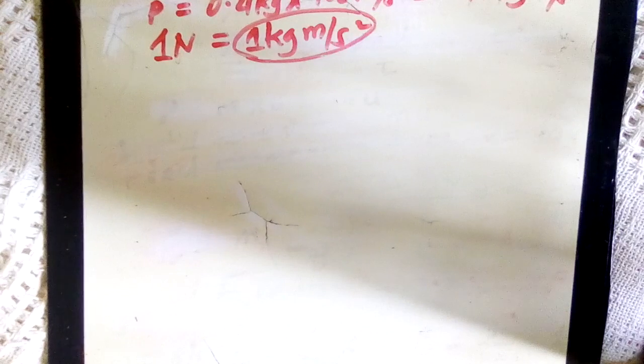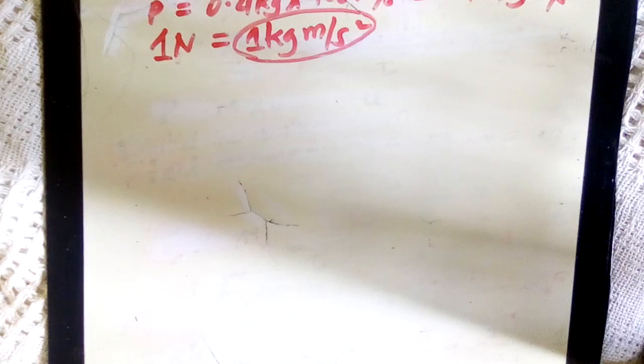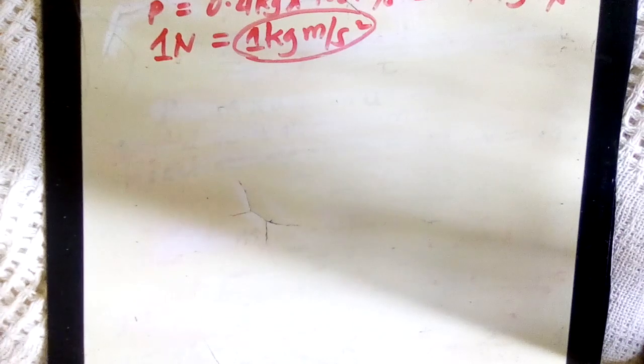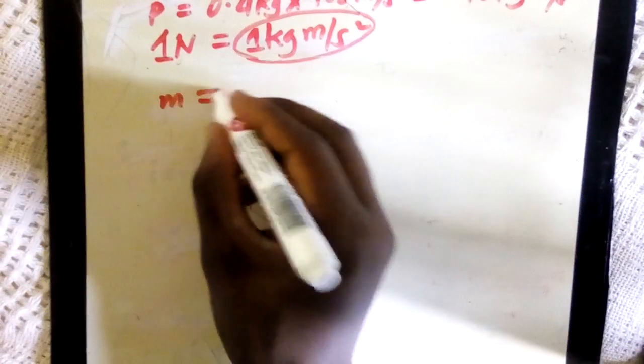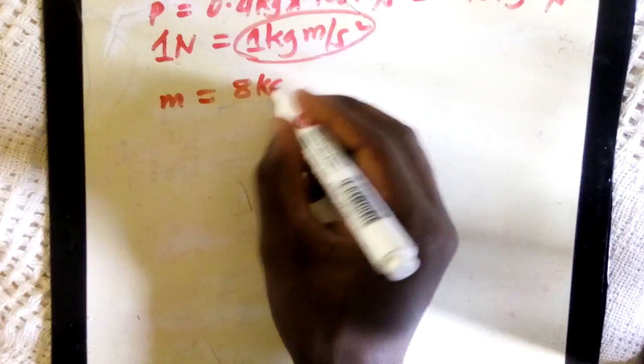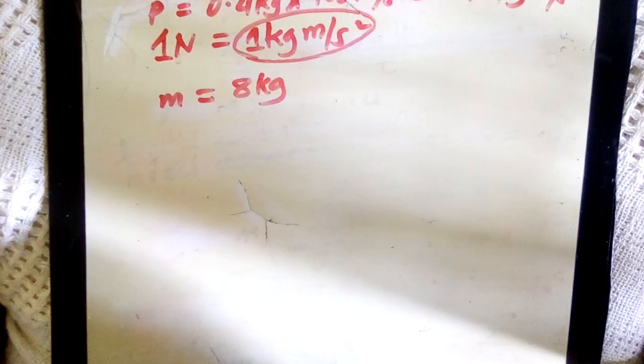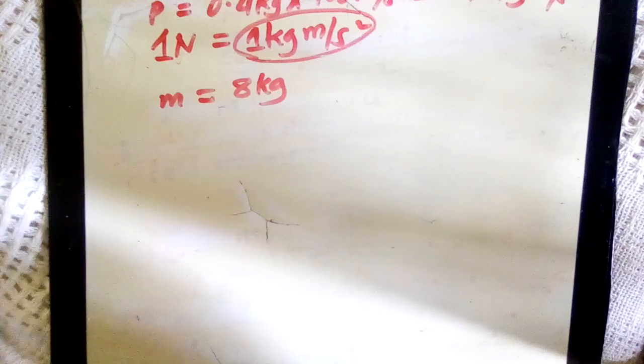So now let's assume that we have a tennis ball, maybe I'm not going to say a tennis ball, maybe a bicycle of mass 8 kilograms, and it is acted upon by an external force.